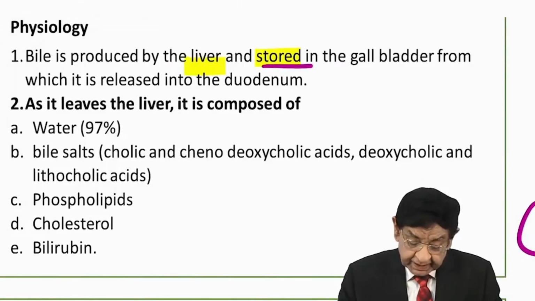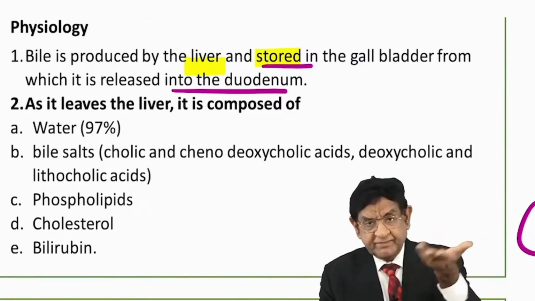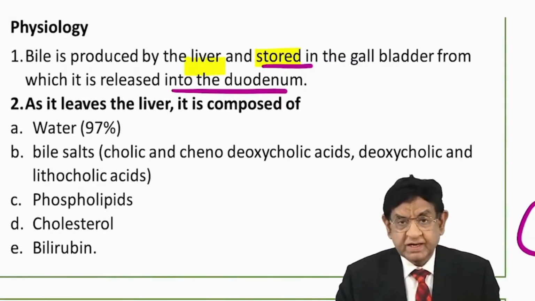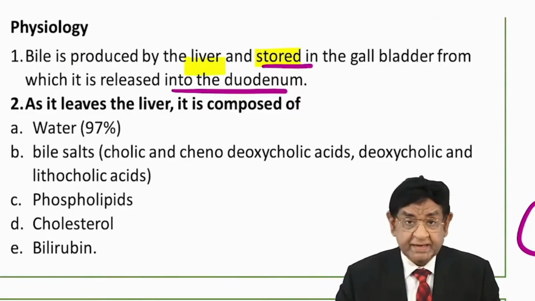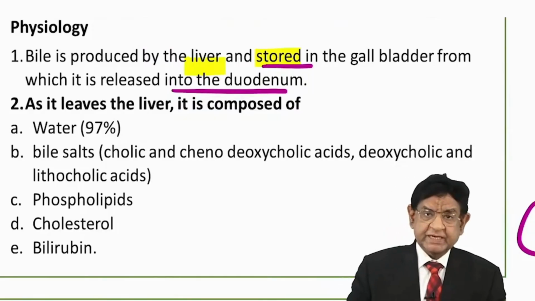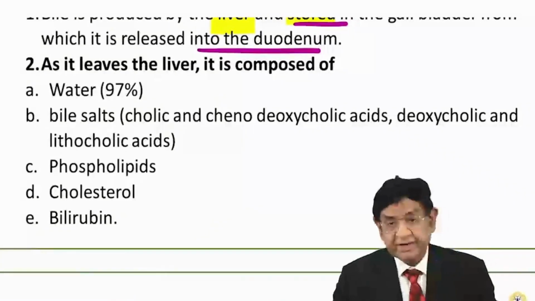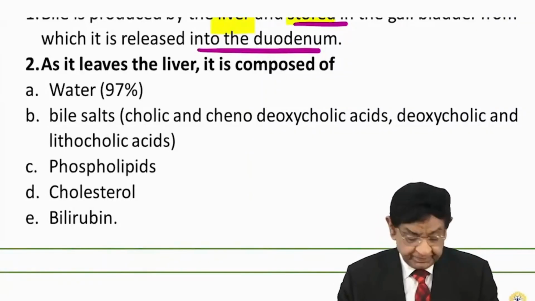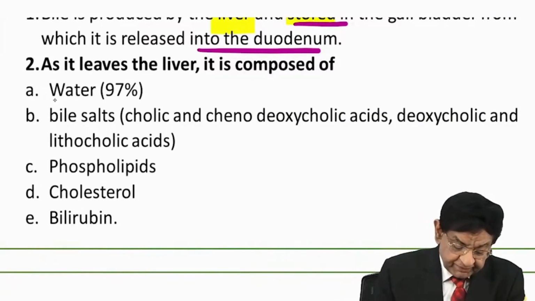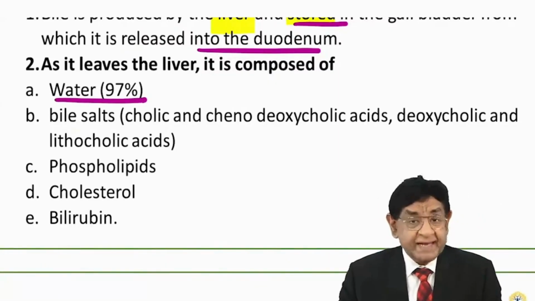And ultimately it comes to the duodenum. I told you the anatomy: we have the cystic duct combining with the hepatic duct, ultimately making the common bile duct and coming to the second part of the duodenum. That we have studied. So now let us see, when it is leaving the liver, what is the content. In the liver, it is 97% water, that means mainly water.